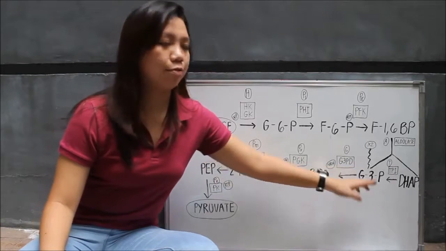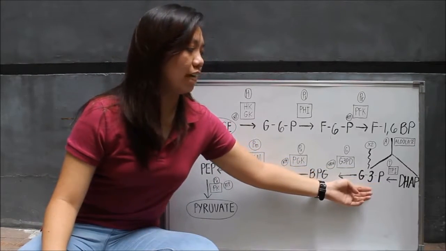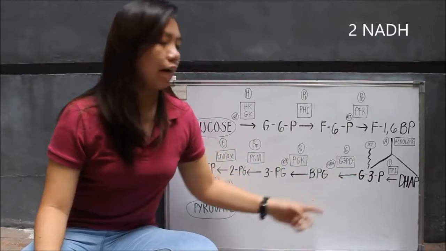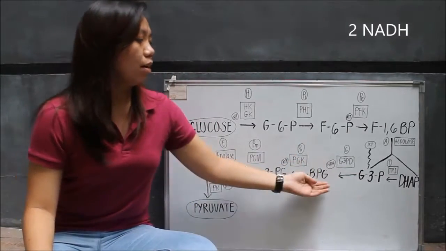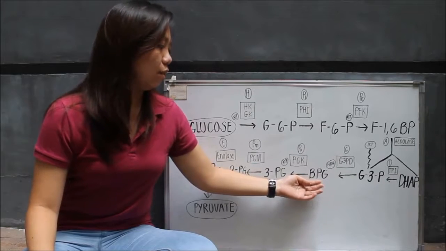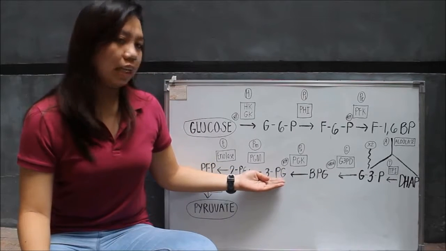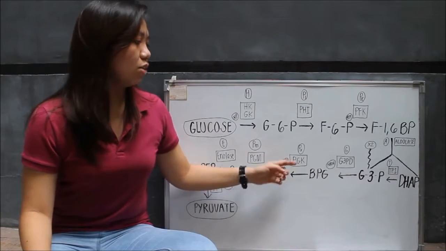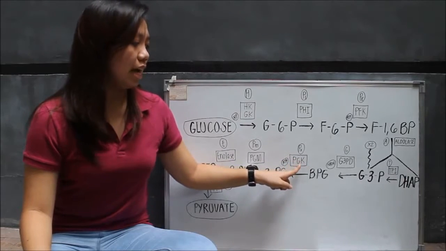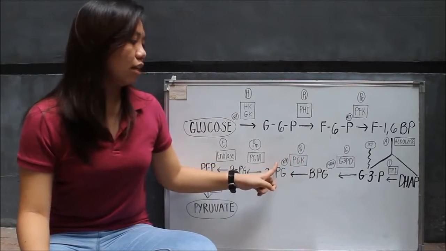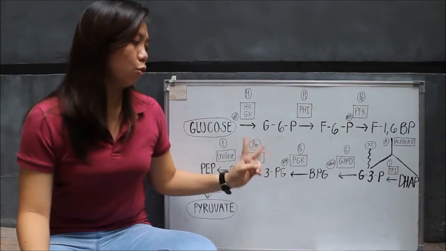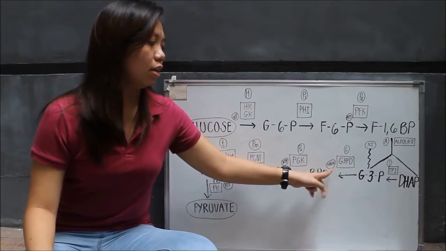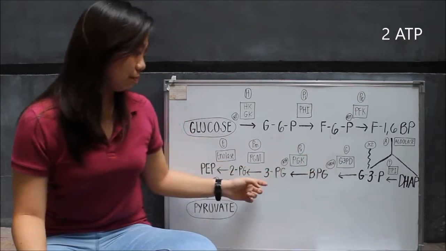But since we have 2 molecules of glyceraldehyde 3-phosphate, we have now 2 NADH. Next, bisphosphoglycerate will be converted into 3-phosphoglycerate using the enzyme phosphoglycerate kinase to yield another molecule of ATP. So now we have 2 ATP and 2 NADH.